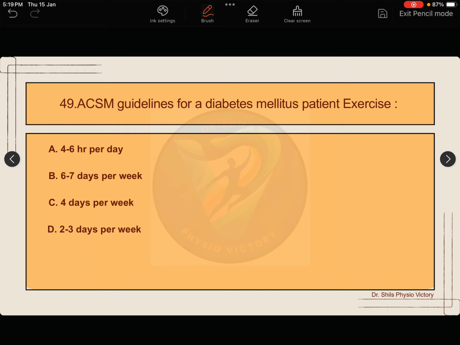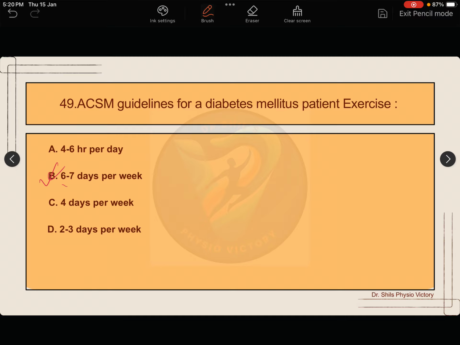Next, come to question number 49. ACSM guidelines for a diabetes mellitus patient exercise. Option A, 4 to 6 hours per day. Option B, 6 to 7 days per week. Option C, 4 days per week. Option D, 2 to 3 days per week.